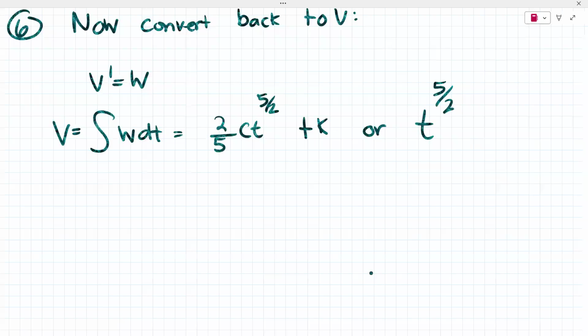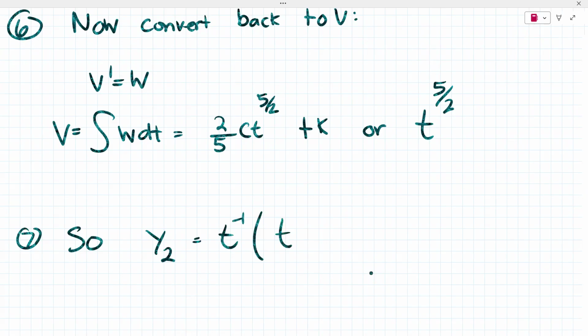Step 7, so we know y subscript 2 is t to the negative 1 times t to the 5 halves, which equals your y2, so that means it's t to the 3 halves.